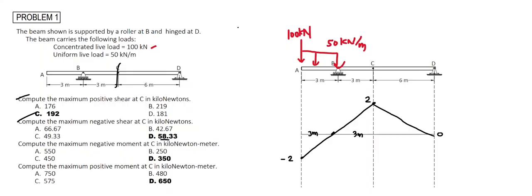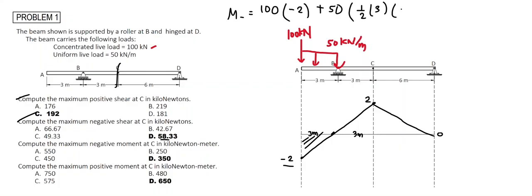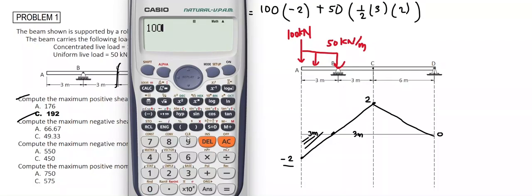So to compute for the maximum negative moment, this is equal to 100 times a factor of negative 2 plus the 50 kilonewton per meter uniform load multiplied by the area of this triangle, that is 1/2 times the base of 3 meters times the height of 2 meters.